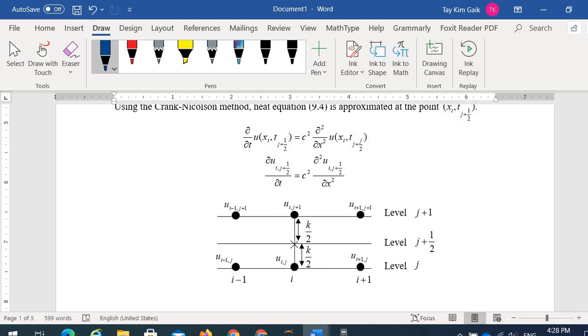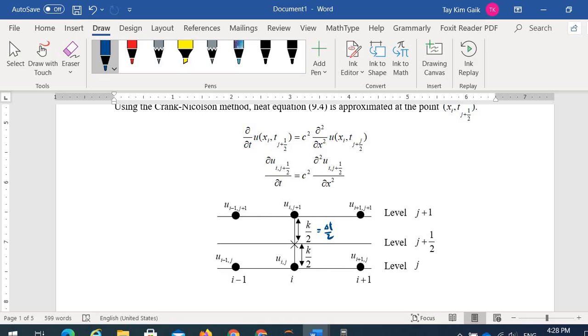Let k be delta t, so here we have k over 2, which is delta t over 2. From j plus a half, adding k over 2 gives level j plus 1. If you subtract k over 2, you get level j.